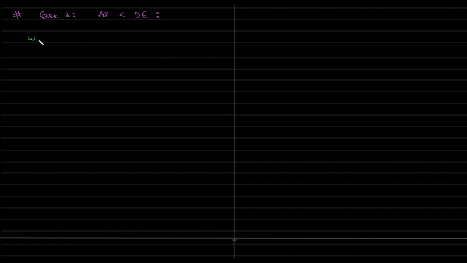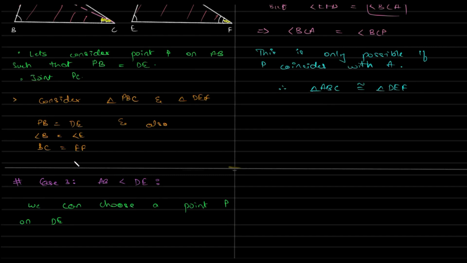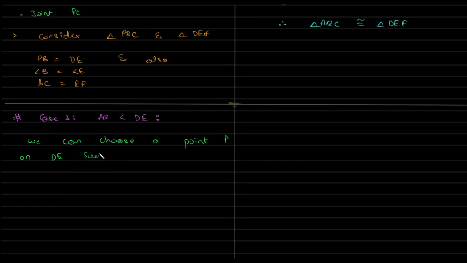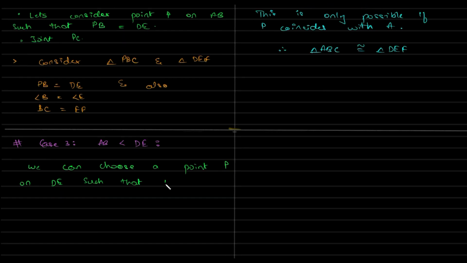We can write in this way. We can choose a point M or P on DE. Okay, so this is DE. We can consider point M or P, like how we consider P over here, we can consider P over there, such that PE is equal to AB.